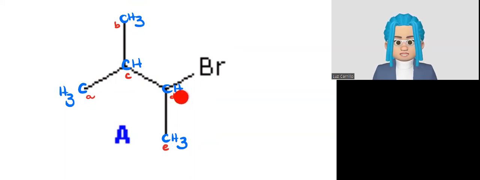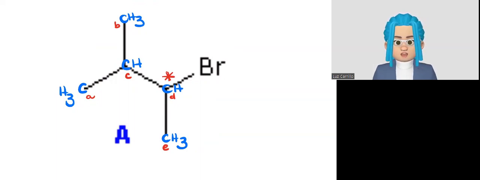When we look at carbon D, it is bonded to hydrogen, bromine, a methyl group, and this whole part of the molecule. That means carbon D is a chiral carbon. Typically, we label chiral carbons by putting an asterisk next to them. And letter E is a CH3, because that carbon atom has more than 2 atoms that are the same, so it is not a chiral carbon.